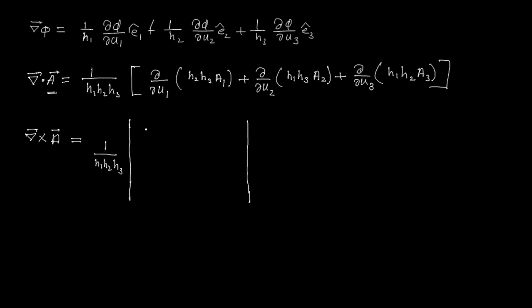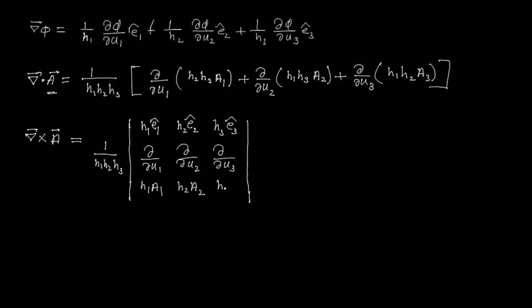The first row will be like this: h1 e1 cap, h2 e2 cap, and h3 e3 cap, and then del by del u1, del by del u2, and del by del u3, and then again h1 into the first component of the vector, h2 into the second component of the vector, and h3 into the third component of the vector.